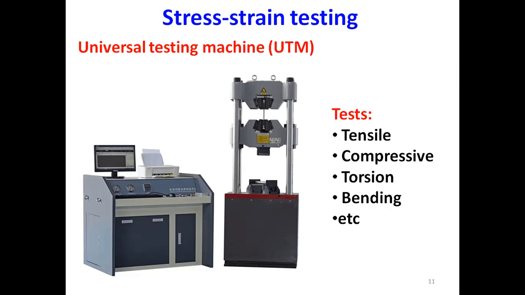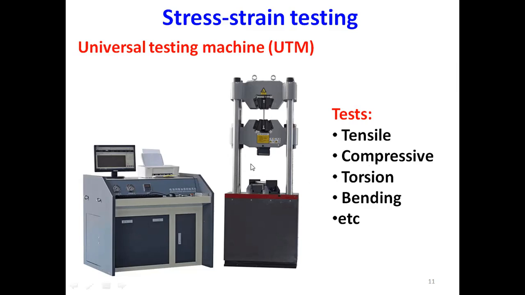So with the apparatus we get the stress strain curve, which we will discuss on the next slide. On this machine we can perform tensile testing, compressive testing, torsional testing, and also bending testing.